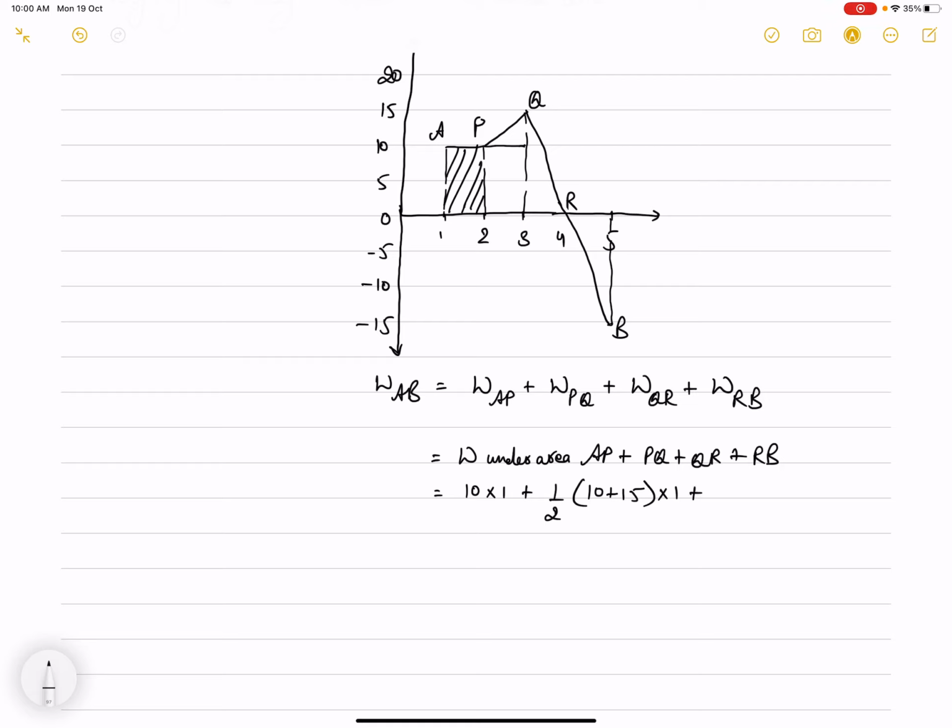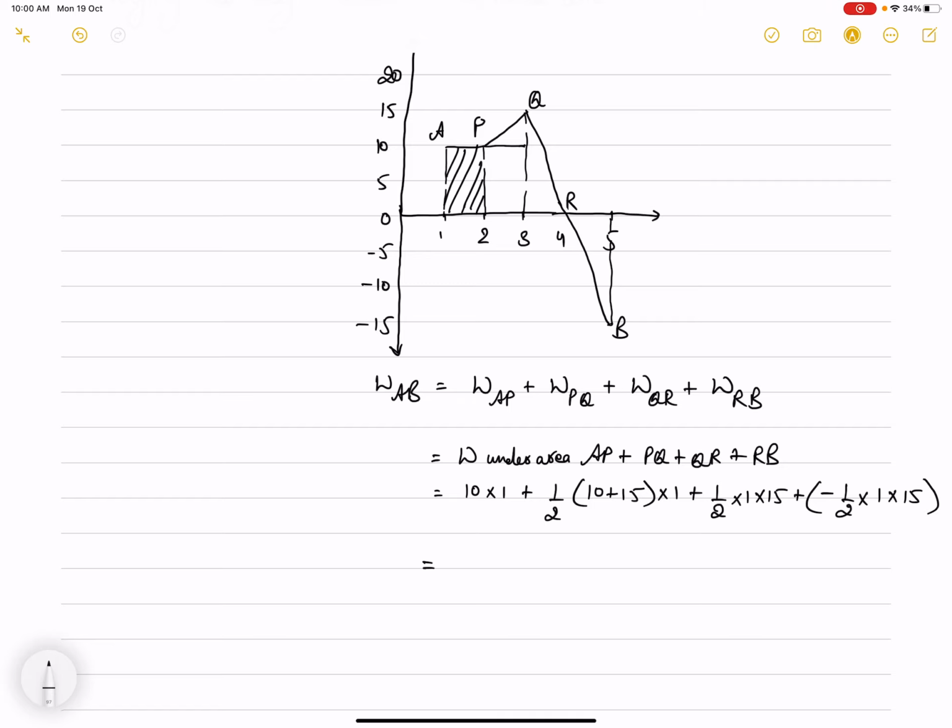Now comes QR. Area under QR is half into base into height, half into 1 into 15, plus, now this is the negative force, which will result in negative work done. So we'll have this negative sign, and it's a triangle, so half into base into height.